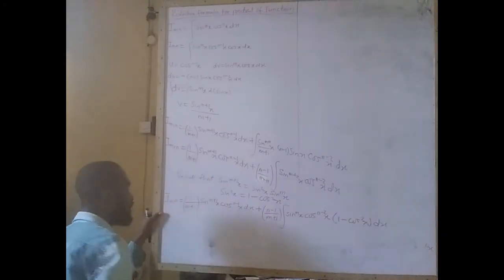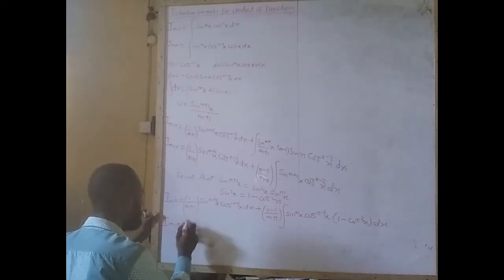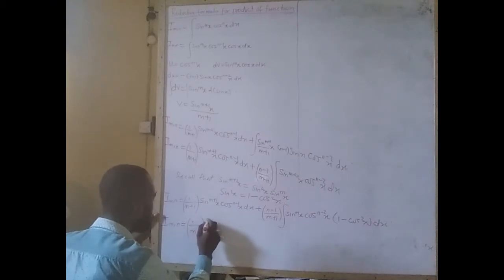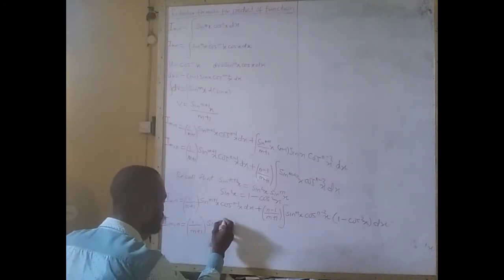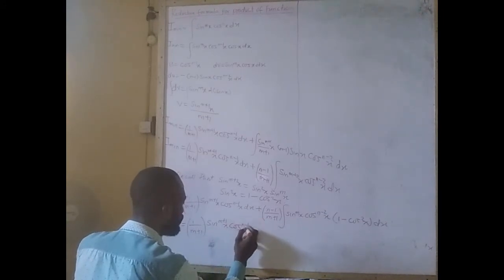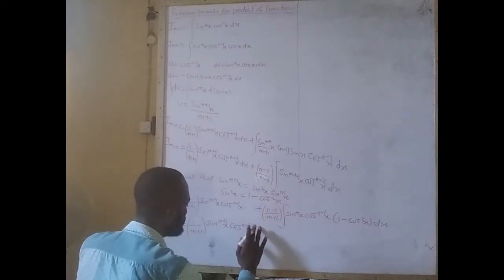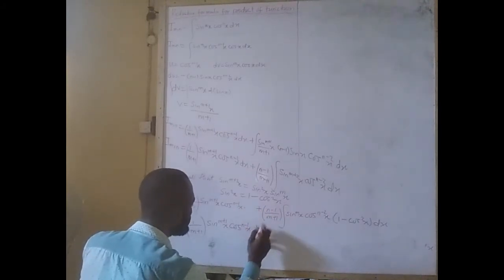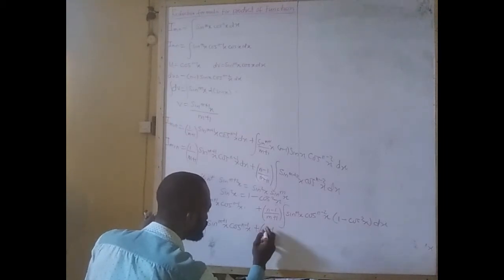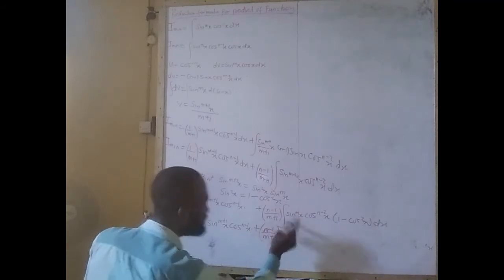Then if I simplify, I see that my I(m,n) will be 1 over (m plus 1) sin^(m+1) x cos^(n-1) x. There is no dx here, plus (n minus 1) over (m plus 1). Now I want to split this.